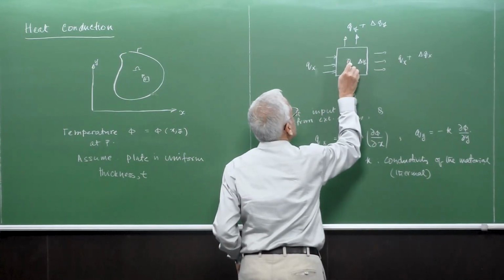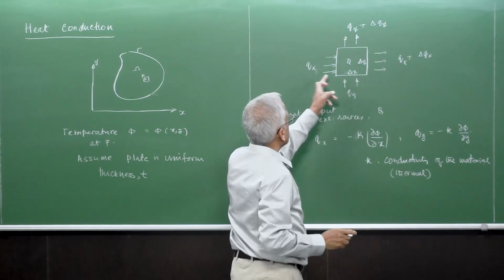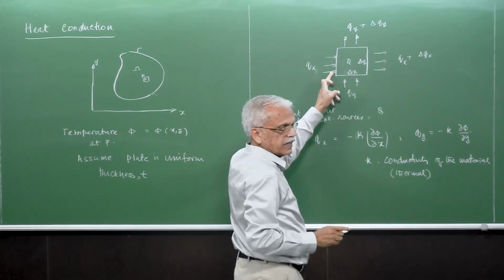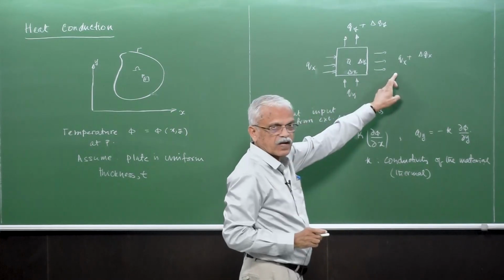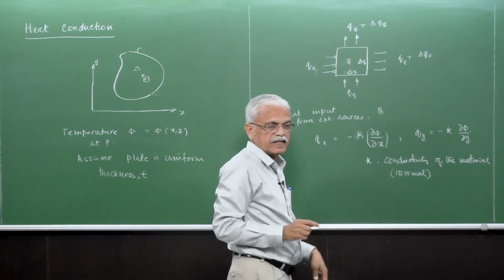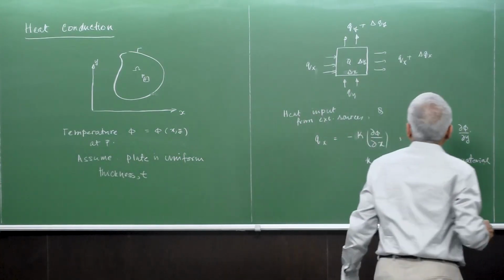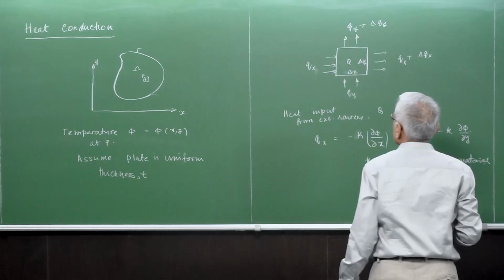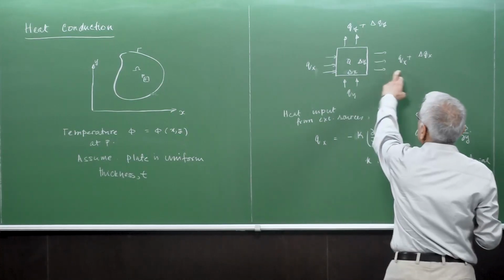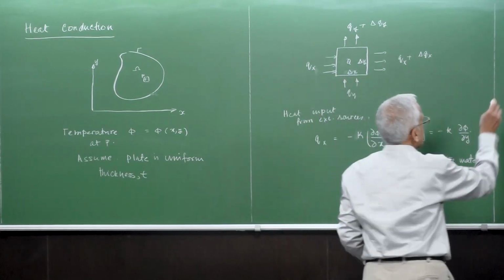And then to make a heat balance here, here is heat going in and this is heat going out. So we take heat leaving this particular representative volume to be positive, and heat entering to be negative.